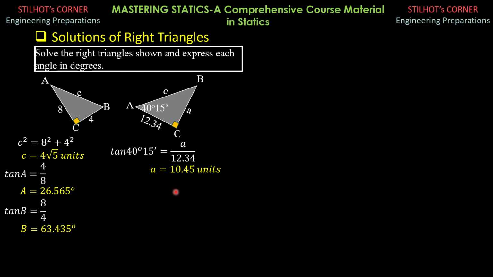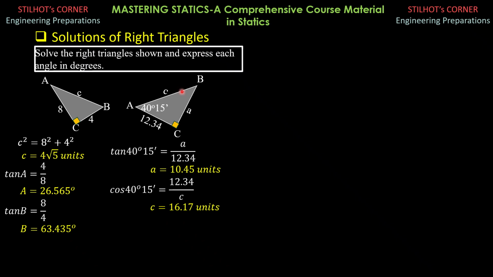Next, I want to solve for C. Adjacent to 40 degrees 15 minutes, hypotenuse is C. So cosine of 40 degrees 15 minutes is 12.34 over C. Take note that I always involve the given data. So C is equal to 12.34 divided by cosine of 40 degrees 15 minutes, and that is 16.17 units.